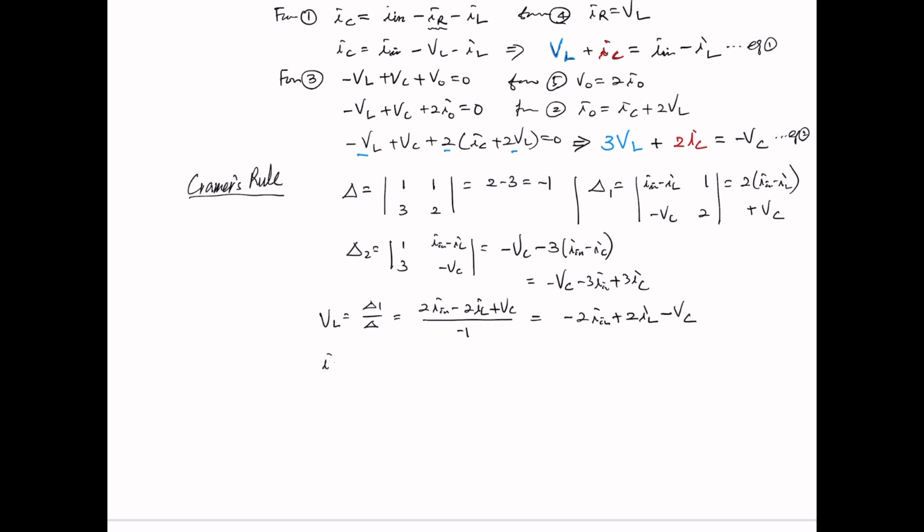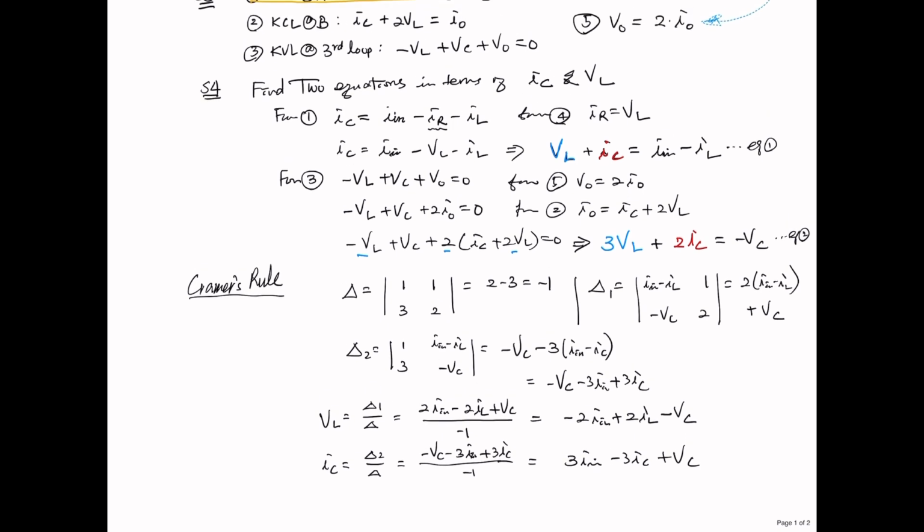Our second variable, IC, equals delta 2 over delta. We have negative VC minus 3I in plus 3IC over negative 1. Therefore, we have 3I in minus 3IC plus VC. So now we have VL and IC.